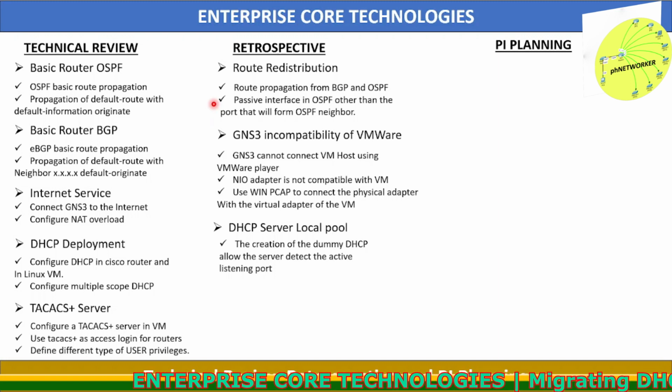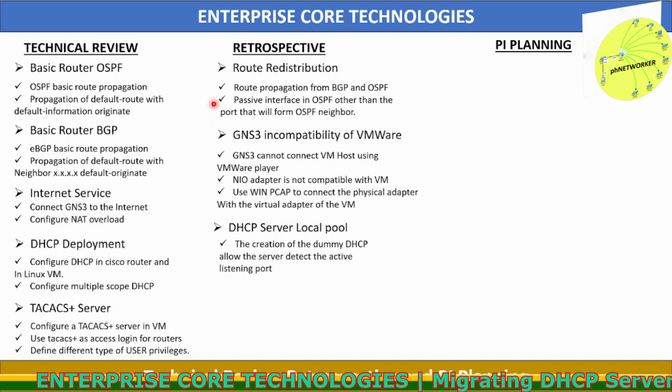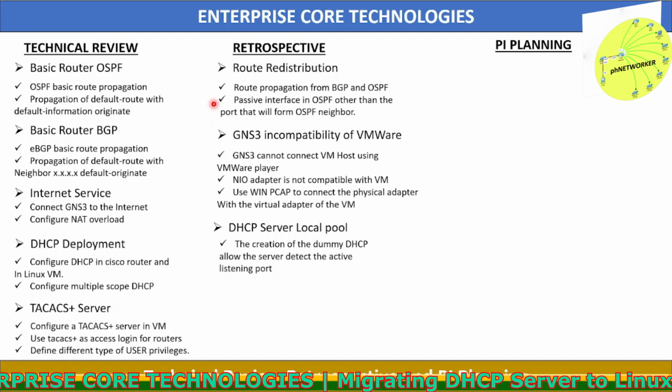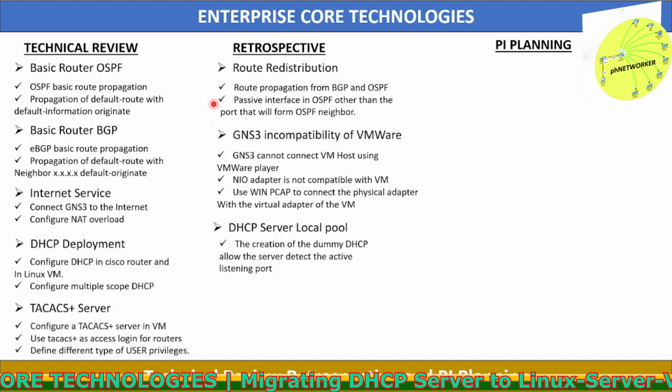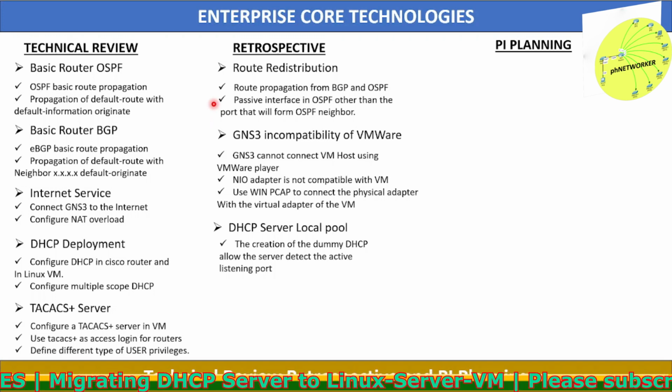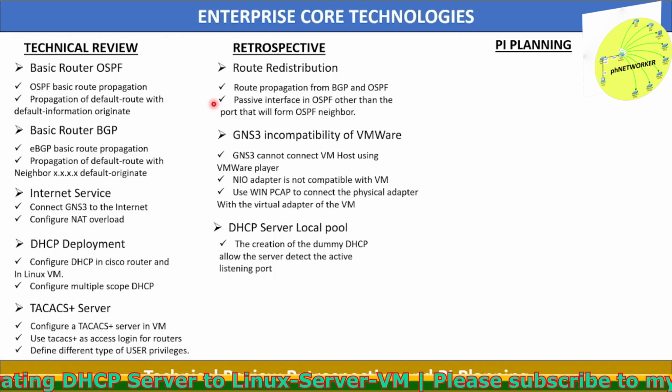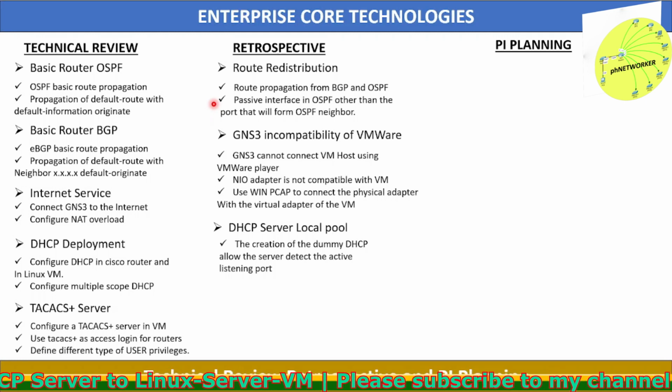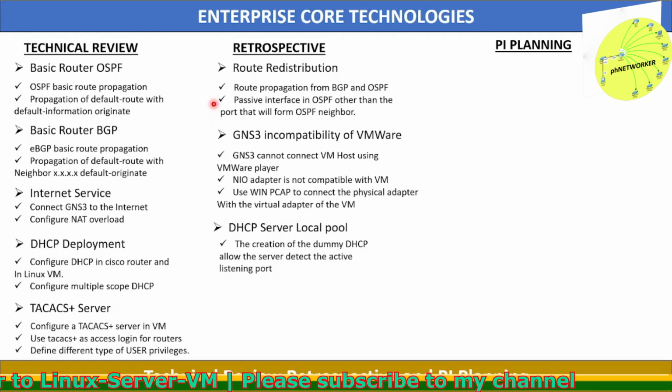Without the dummy DHCP, the DHCP will not run properly since it cannot detect the subnets or the DHCP scope that we created, which is on the other router on data AGG and HQ AGG VLAN 10.